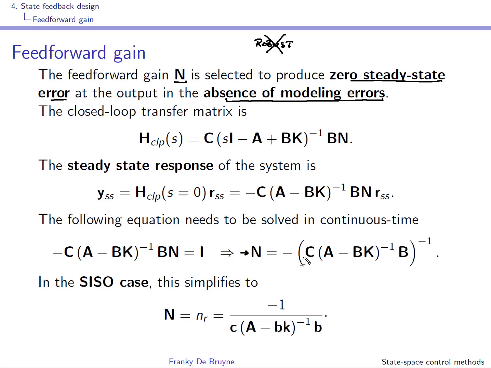And of course a model is always an approximation of the actual system. So if you use this n on the actual system, there will be a slight steady state error, right? Think of a system that is non-linear. You'll design your controller based on a linearization that is only valid in the proximity of the working point.